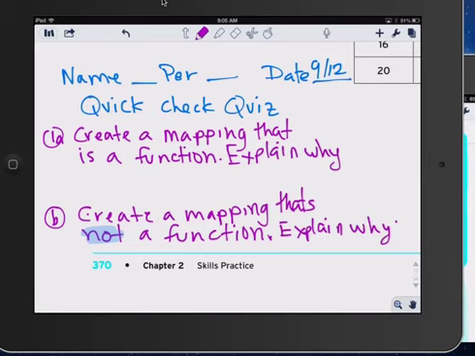If it's not the same, it's fine. One more minute.